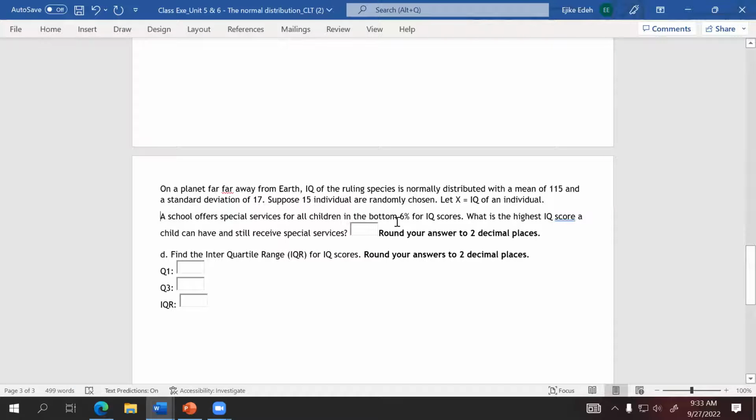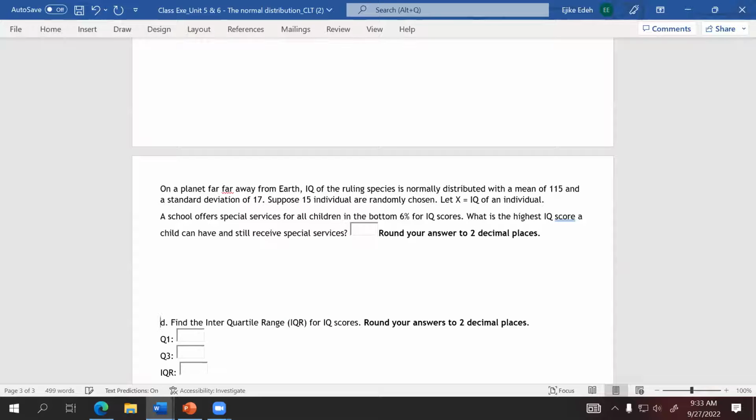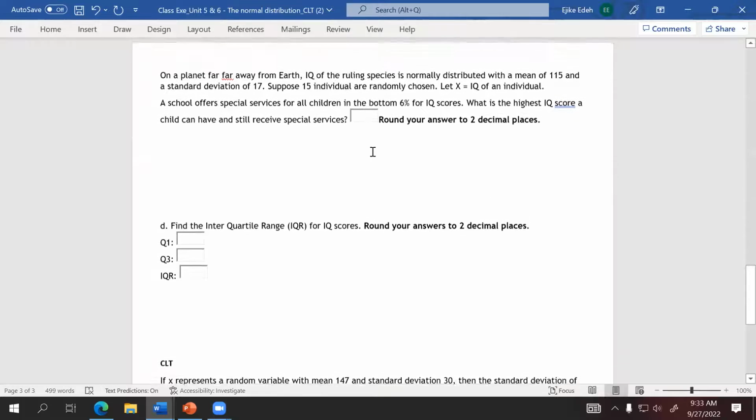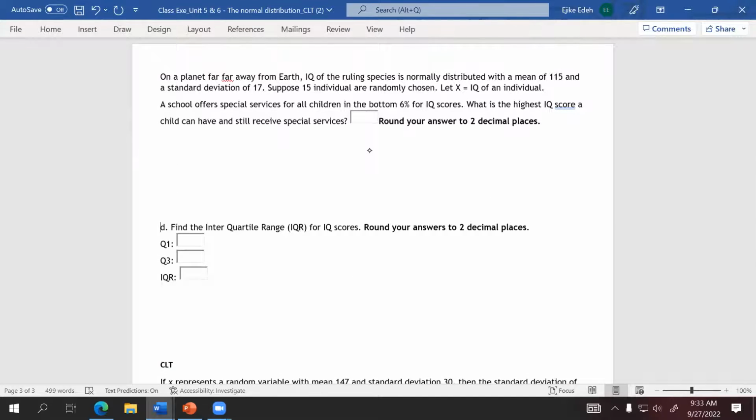So we're trying to find the IQ score that marks the boundary for the bottom 6% in that setting. Sketching this will always be useful, so let's sketch our diagram first and imagine what we are looking at.